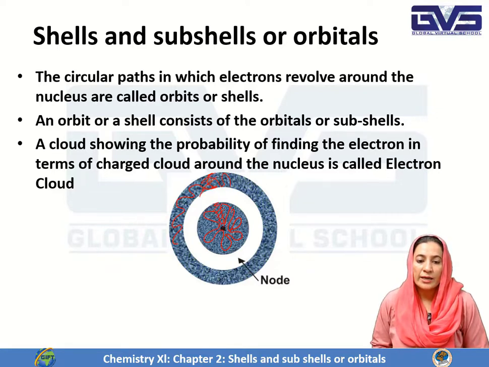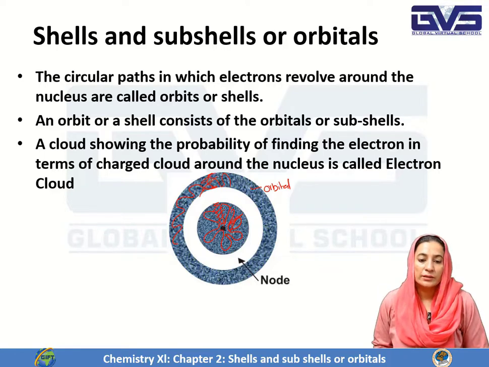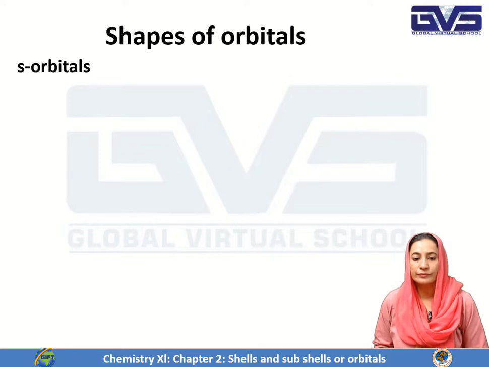So the area where the probability of finding the electron is maximum, this electronic charge, is called the orbital. And between two orbitals, where the probability of finding the electron is 0, that is called the nodal plane or nodal space.